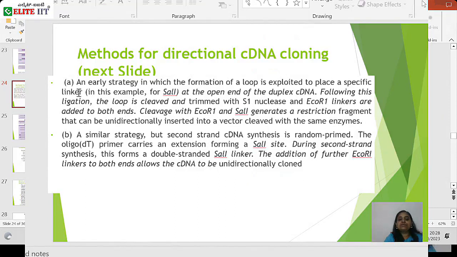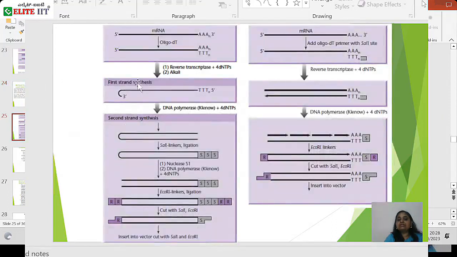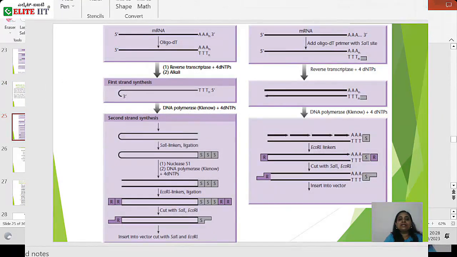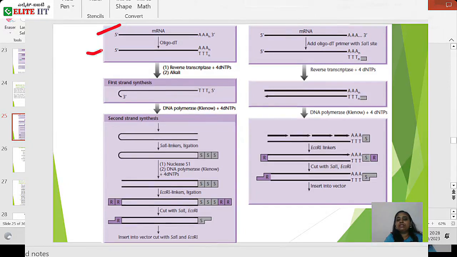Now we are going to observe what strategies are used in this first process. From this picture it will be clear. If you consider this is the mRNA, you have added a poly T primer so that you can make cDNA. Due to the presence of the reverse transcriptase enzyme, it is making the cDNA.